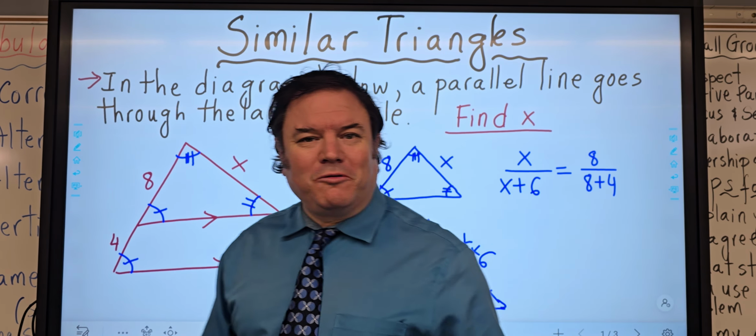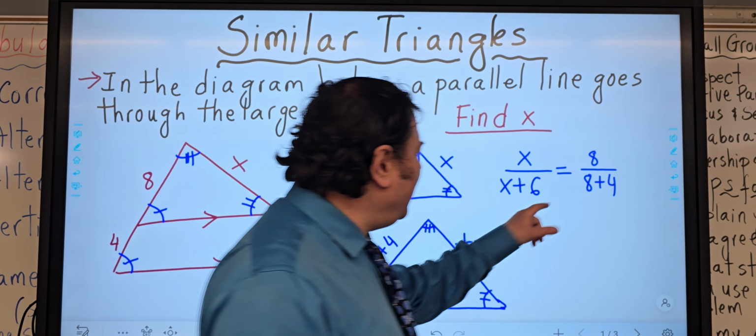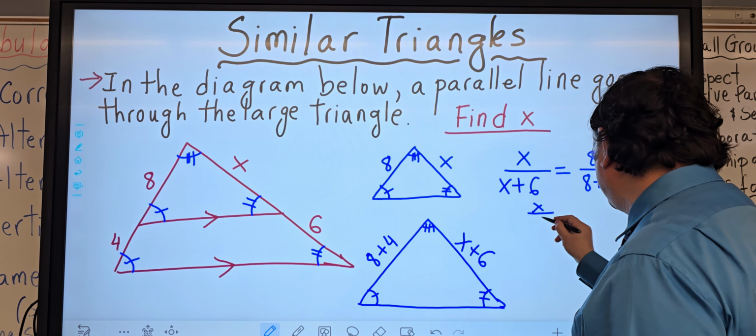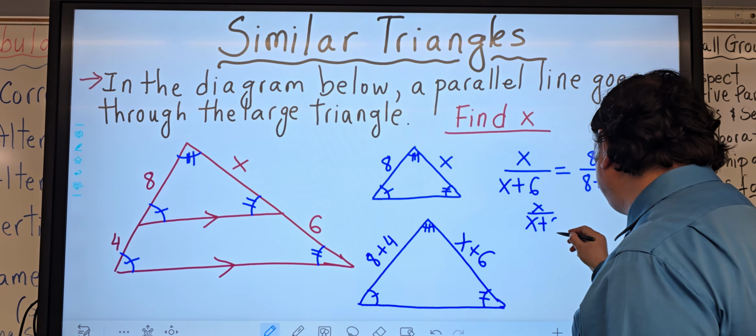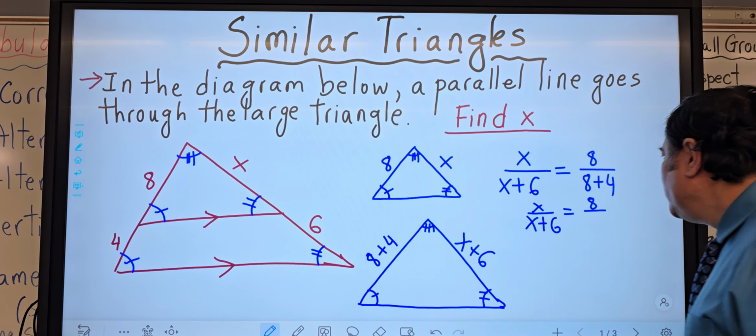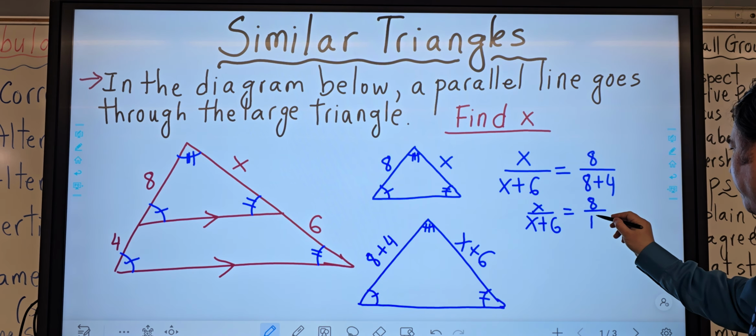And now we are going to solve for x. 8 plus 4 becomes 12, so we have x over x plus 6 equals 8 over 12.